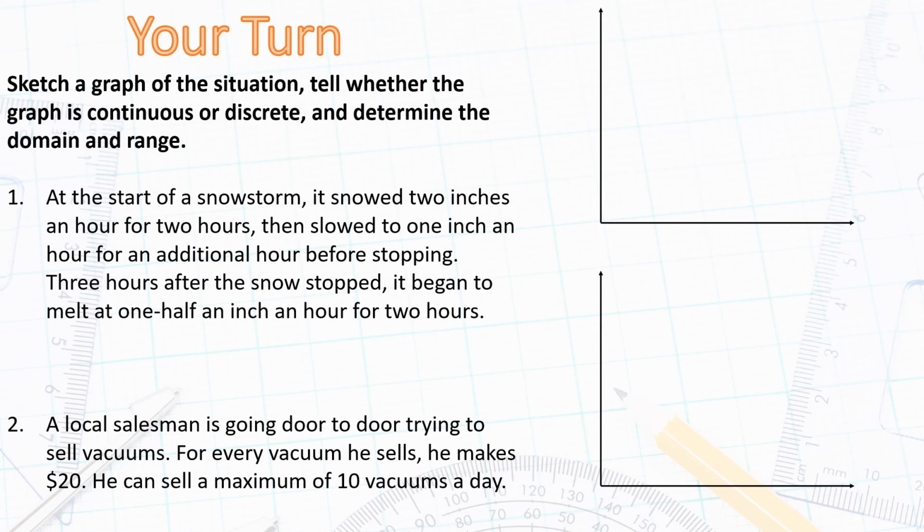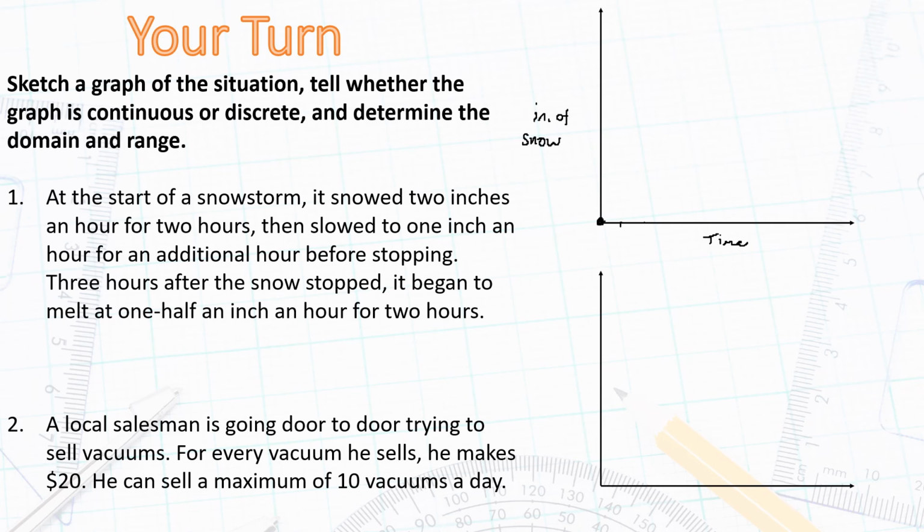Okay, so start of snowstorm, it snowed 2 inches an hour for the first 2 hours. So at the start of a snowstorm, we've got time, and then we've got inches of snow. At time 0, inches of snow should be 0. 2 inches an hour for 2 hours.